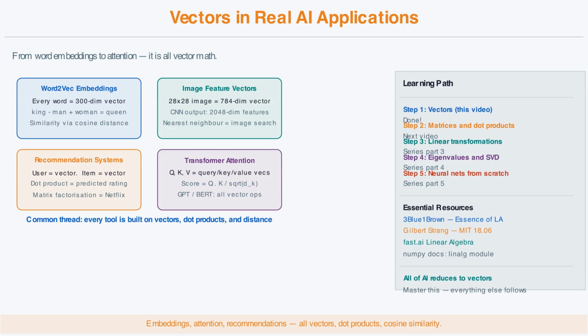Each token becomes a query vector, a key vector, and a value vector. The attention score between two tokens is the dot product of their query and key vectors. The output is a weighted sum of value vectors. The entire architecture is vector operations, end-to-end.